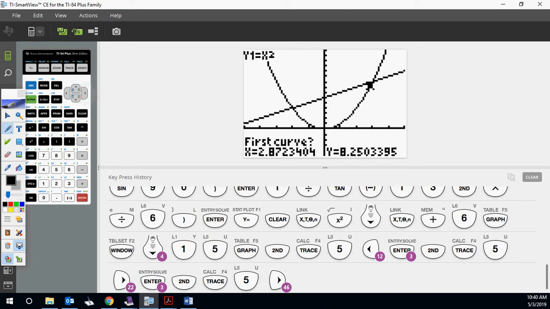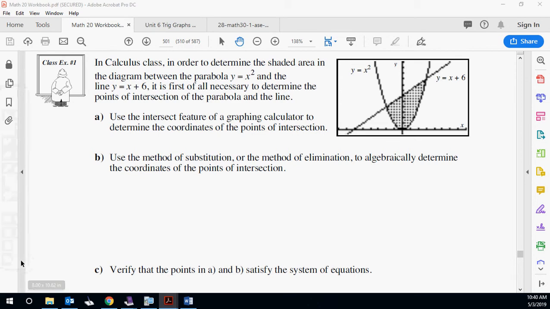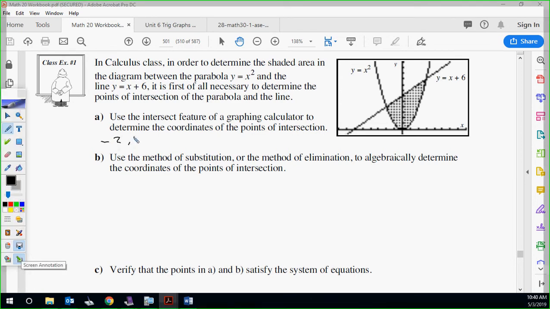There we go. Enter, enter, enter. (3, 9) is your other solution. That's it for the graphing part. We got those solutions, so we can write them down: (-2, 4) and (3, 9).